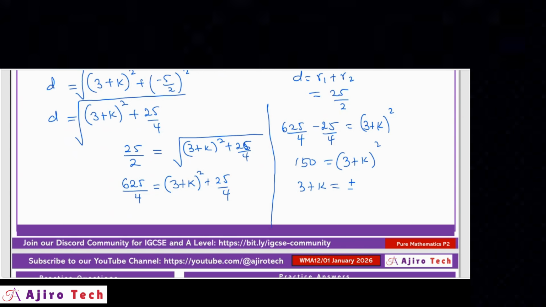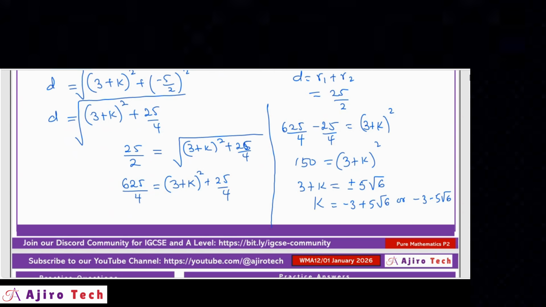Square root of 150. That's 5 root 6. So k is going to be minus 3 plus 5 root 6, or minus 3 minus 5 root 6.